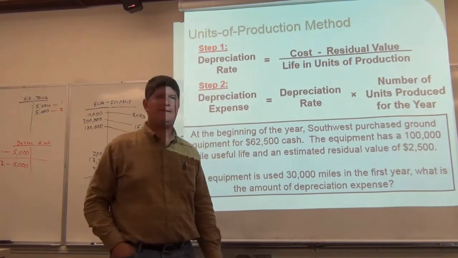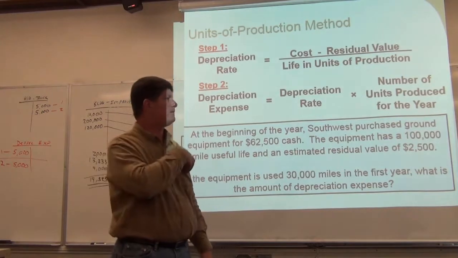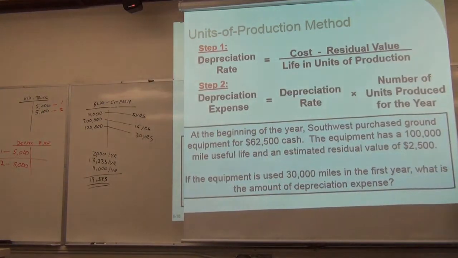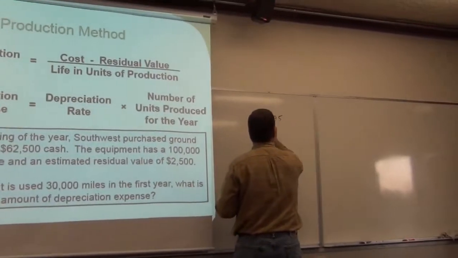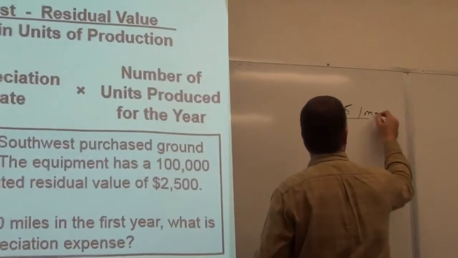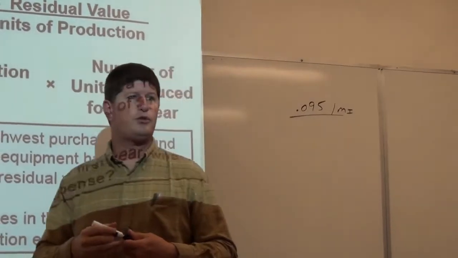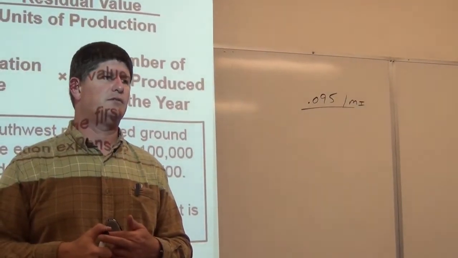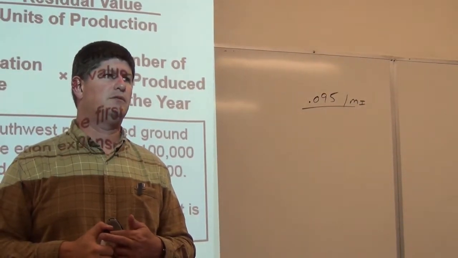Somebody with a calculator. 0.095. So for every mile that we drive, our depreciation expense will be 0.095 dollars. Good?